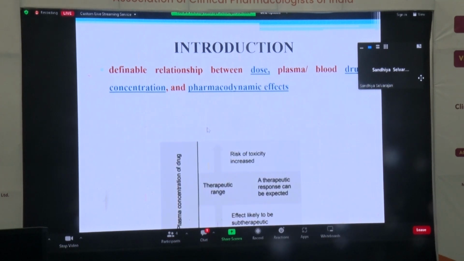So assuming when we give a drug, after it reaches a particular concentration in the plasma, that is known as a therapeutic range. If it produces a therapeutic response within that range, then we just want to check whether the plasma concentration is within this range, or above the range, which can cause toxicity, or below the range, which is not effective.